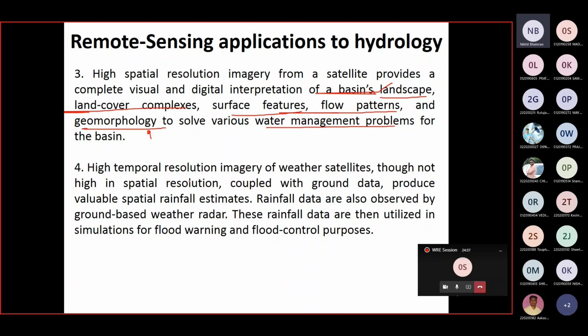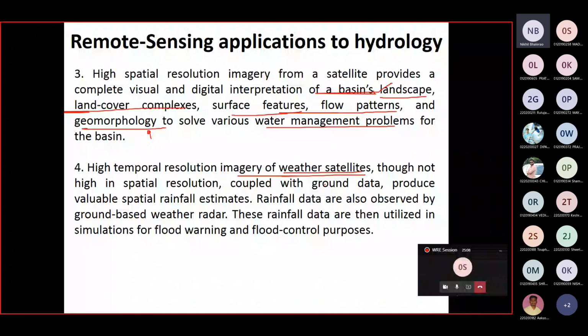Then there are high temporal resolution imageries from weather satellites, though they do not have high spatial resolution in terms of determining rainfall data. We have discussed that remote sensing is not going to give you accurate results, but if you cover a larger area, that means the maximum areal extent, then you are able to determine rainfall values.